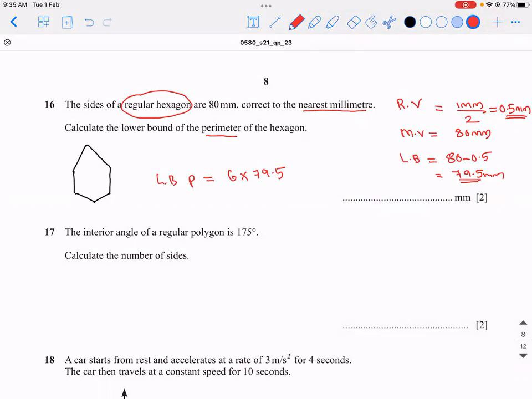You just do your calculation and tell me the answer, or you can write down the answer here. 79.5 multiplied by 6. That would be 477 mm. So that is our answer.